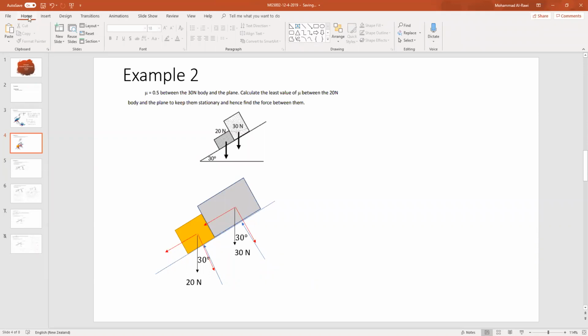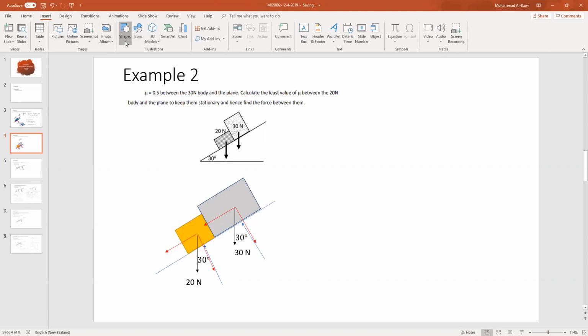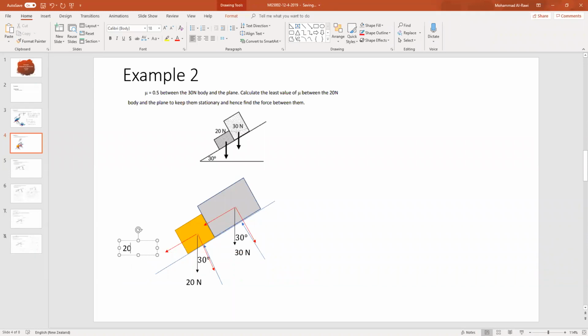So for that force, if we put the numbers or the equations on each one of them, this one is, for example, 20 sine 30 degrees. And the other one is 30 sine 30 degrees.